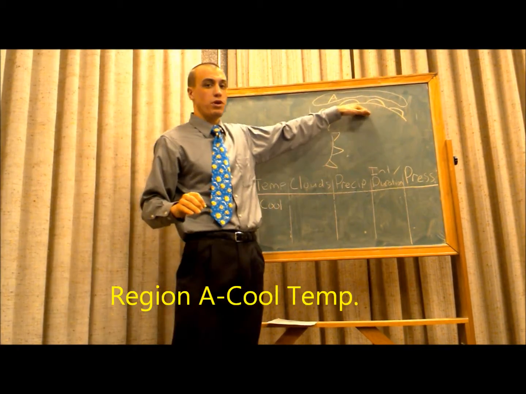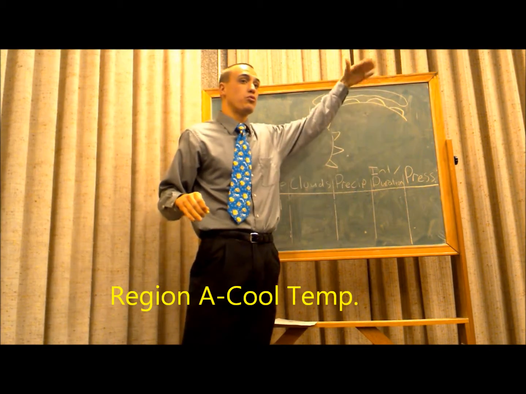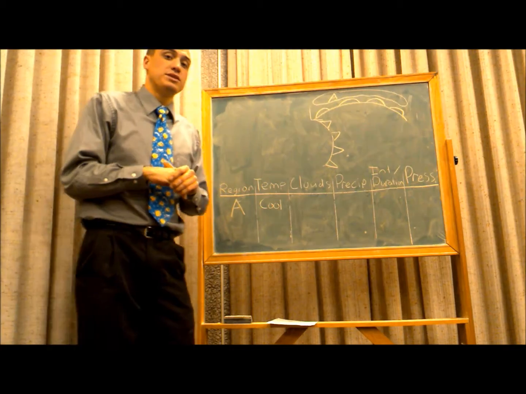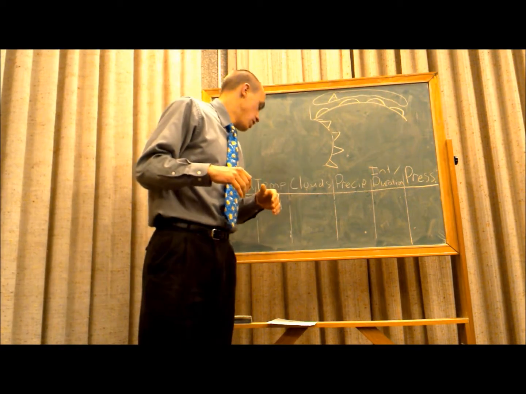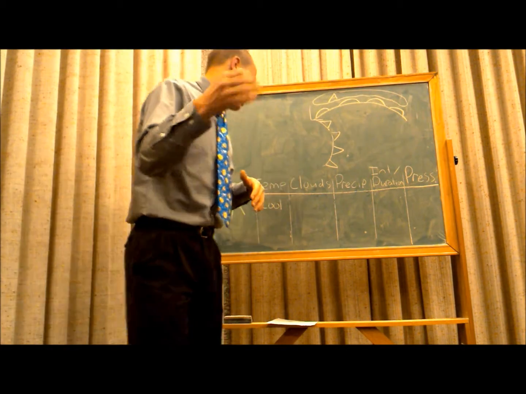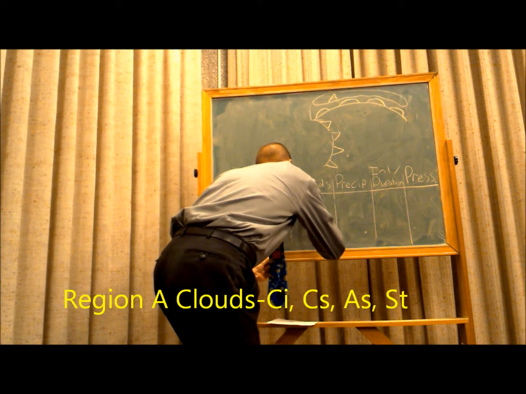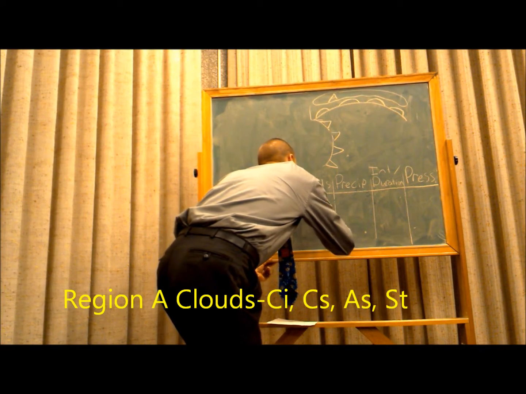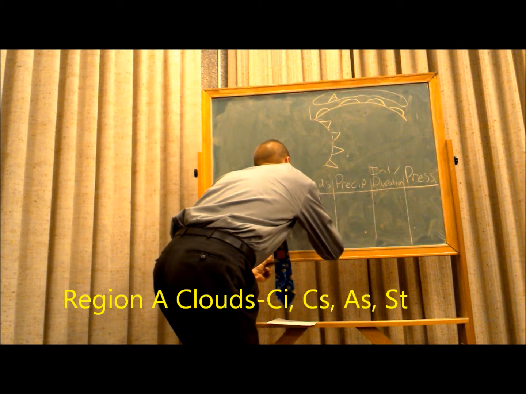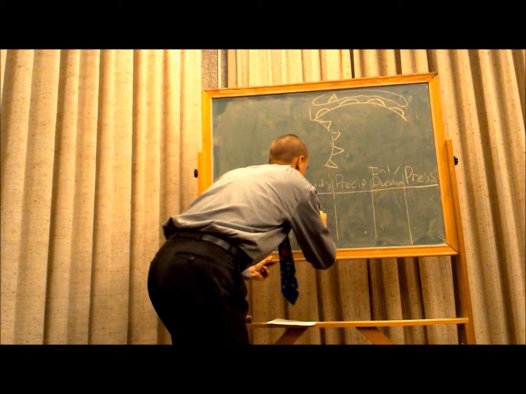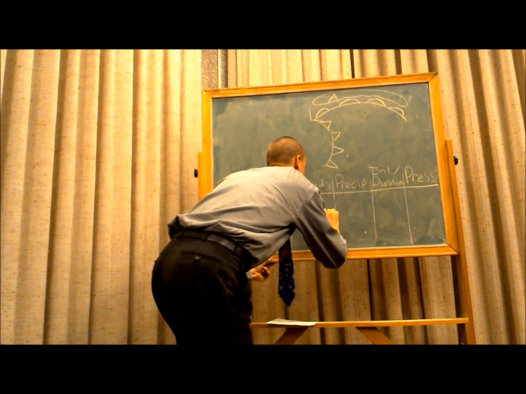Because the warm front has not moved through the area yet. The clouds of this region are going to consist of many different types. There's going to be cirrus clouds, cumulus clouds, cirrostratus clouds, altostratus, and stratus clouds.